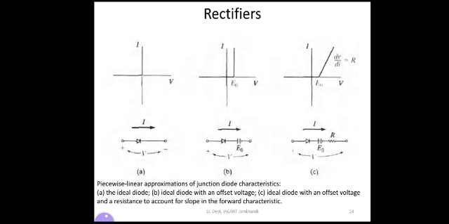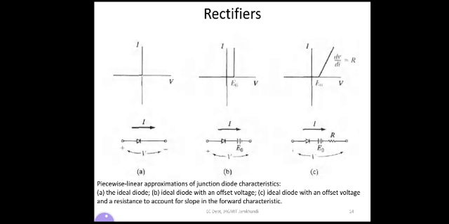So a diode offers a low resistance. In an ideal diode it is almost zero resistance whenever it is forward biased, and a high resistance when the diode is reverse biased. You can observe there is very high resistance and there is no voltage drop at all on the x-axis.